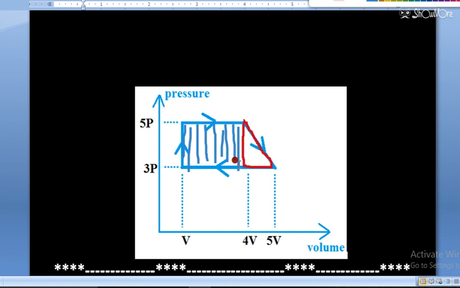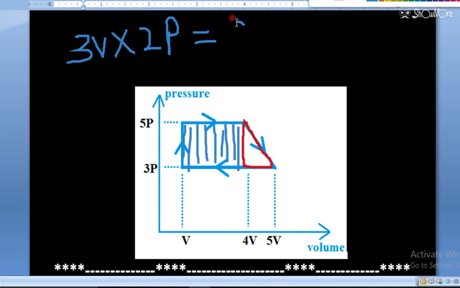So this is a rectangle, its length is 4v minus v, so 3v, and its breadth is 5p minus 3p, so breadth is 2p. So the area of this rectangle is 6pv.